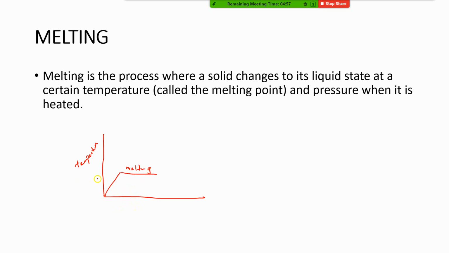But if we're dealing with water, we know that water melts at, let's take for example, 0 degrees Celsius. Chances are this temperature might be in kelvins. If it is in kelvins, then it means that at 273, that would be the temperature on the Kelvin scale that you would record right here.